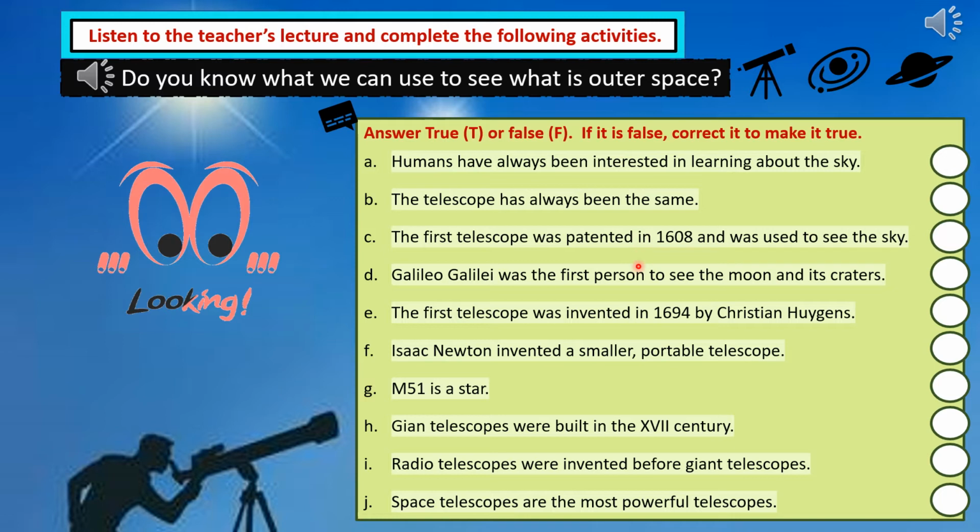Galileo constructed his own telescope and used it to see the moon and its craters as well as the Milky Way. He was the first to see the rings of Saturn and some of Jupiter's moons. Another famous scientist who made other significant contributions to the development of the telescope was Johannes Kepler.